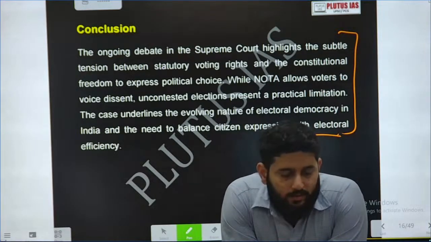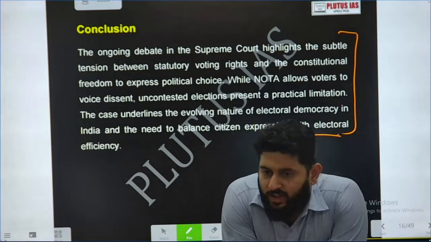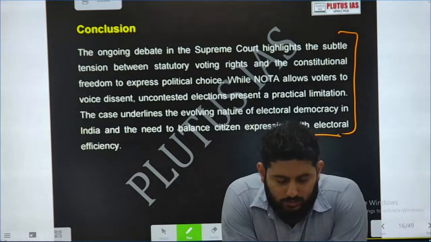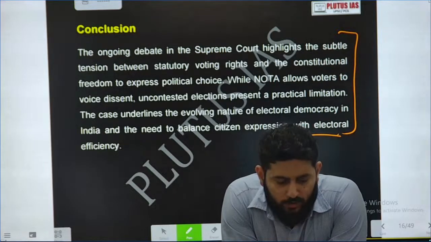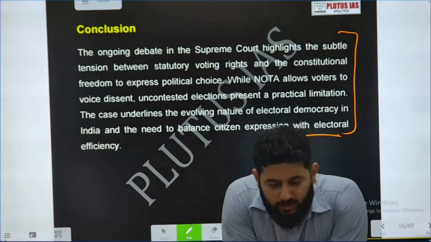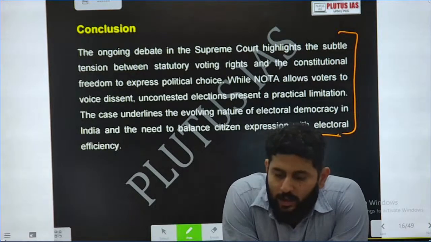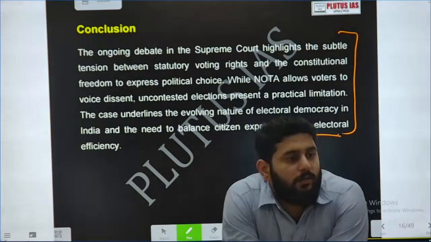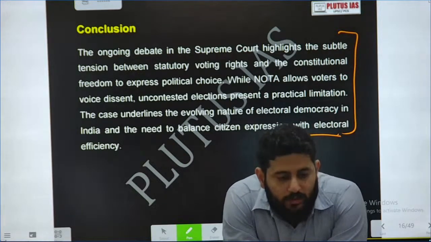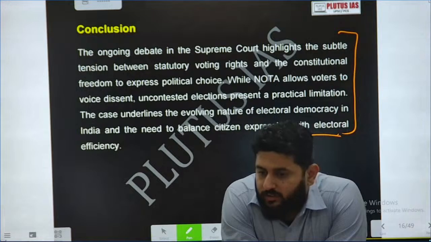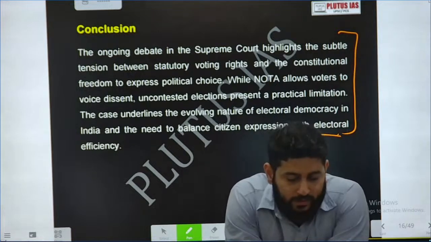Now, other themes which are directly connected to this topic, like how to relate Section 53 in that, like electoral reform in India. The last thing is it highlights the need to empower voters even in uncontested seats. Second is judicial activism versus legislative supremacy.